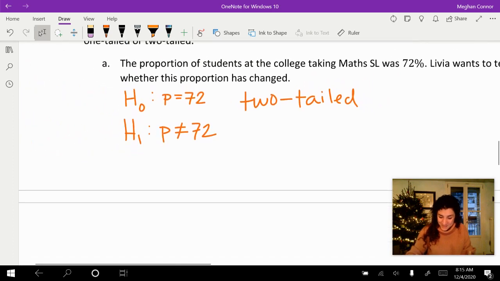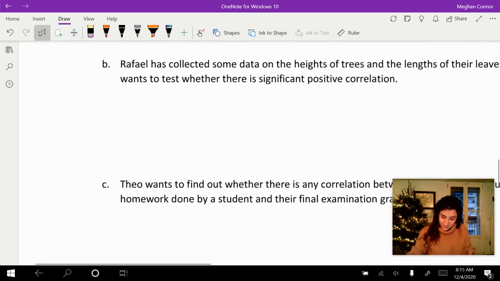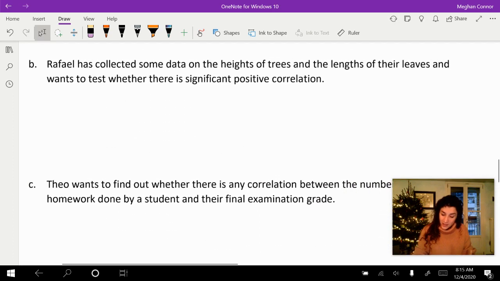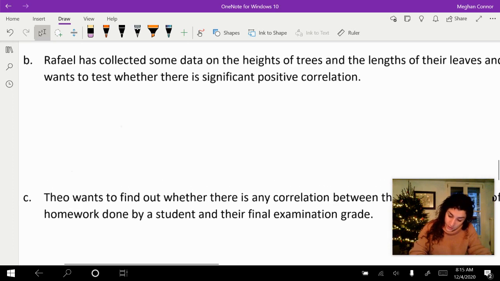Okay, let's practice it again. Raphael has collected some data on the heights of trees and lengths of their leaves and wants to test whether there is a significant positive correlation. So here, the null hypothesis would be that there is no correlation.